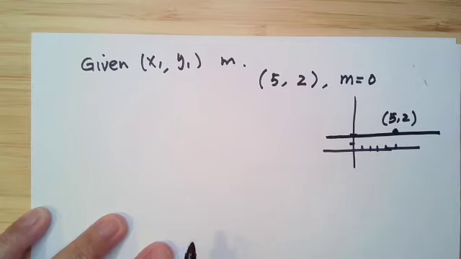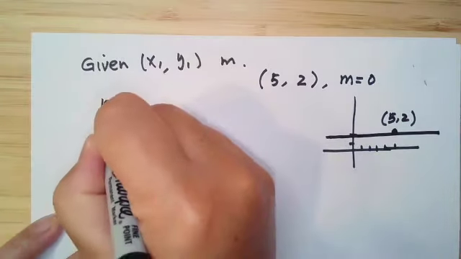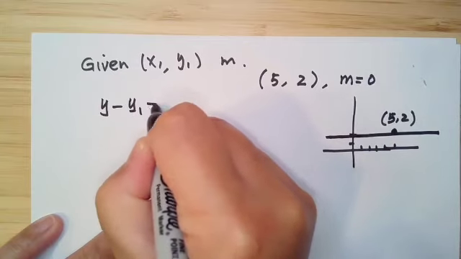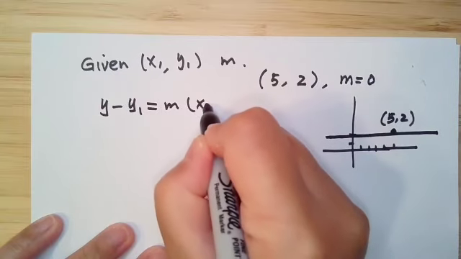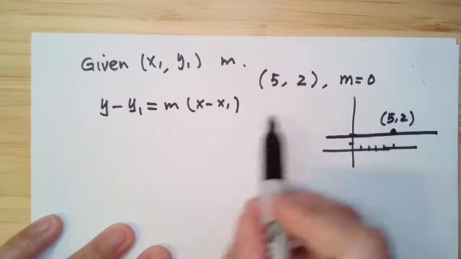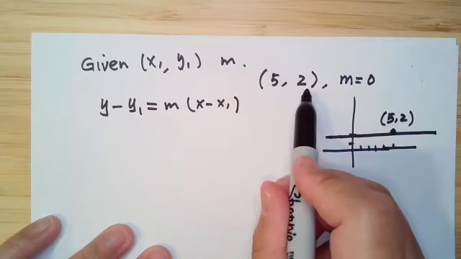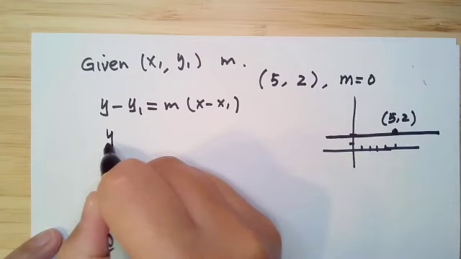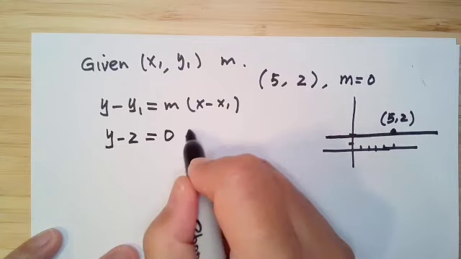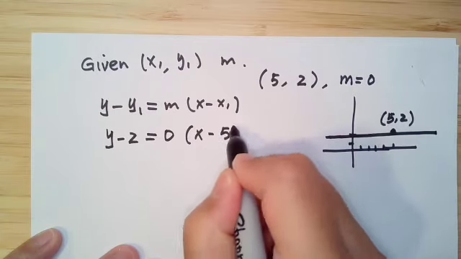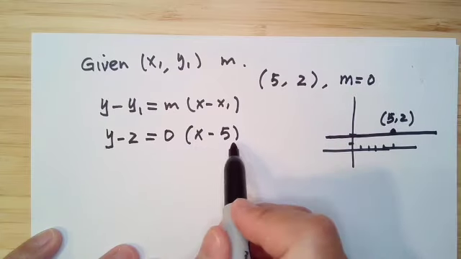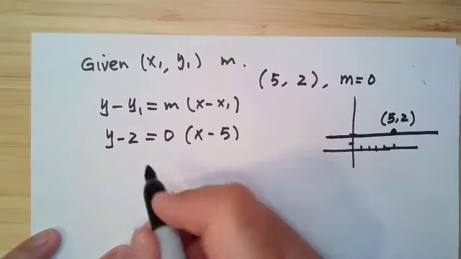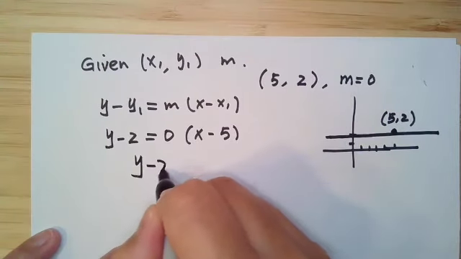So you should have this line. All right. Now if you are using this, let me write this again. y minus y1 equals m times x minus x1. If you're plugging in this m, x1, y1, you're going to get y minus 2 equals 0 times x minus 5. But here, 0 times x minus 5 is 0. So you get y minus 2 equals 0.